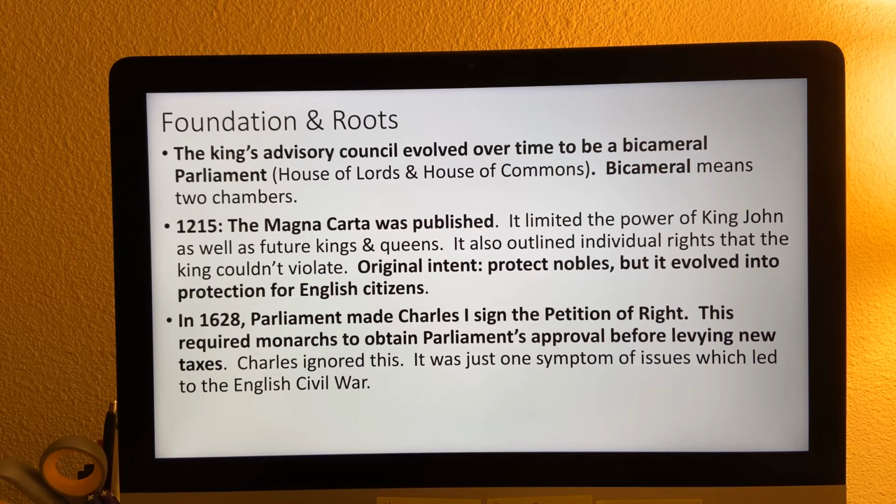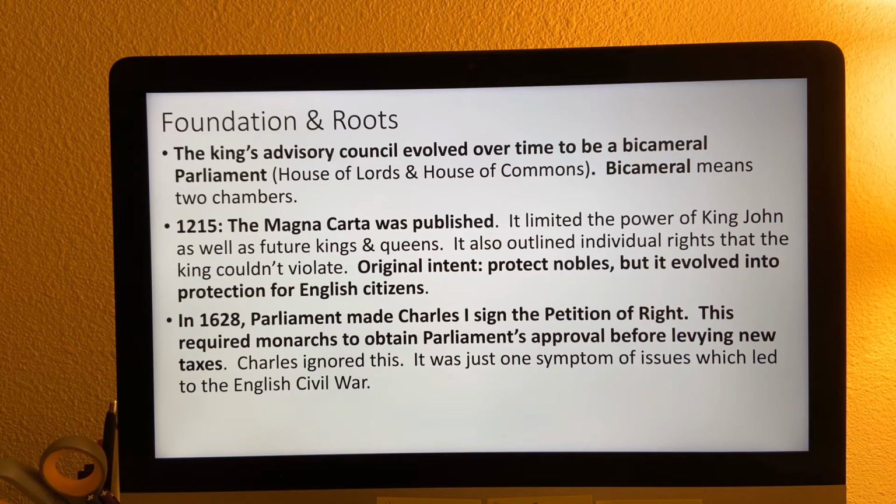Now, in 1628, Parliament made Charles I sign the Petition of Right, which required monarchs to obtain Parliament's approval before they could levy new taxes. Levy new taxes means that before Charles could decide that he was going to tax the people, he had to ask Parliament's permission first.